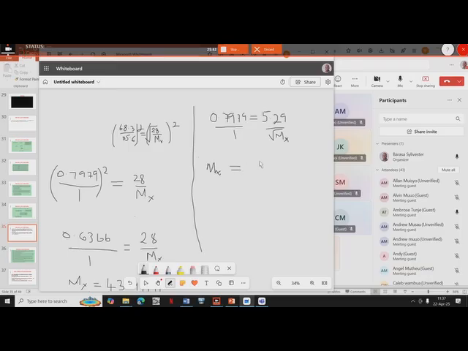So mx will be equal to, if I want to get mx, then I take 5.29 divided by 0.7979. Then I square both sides.